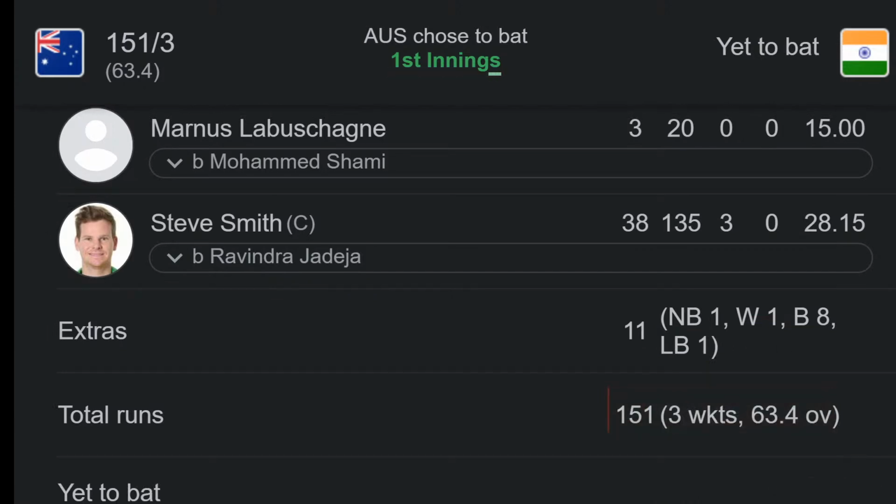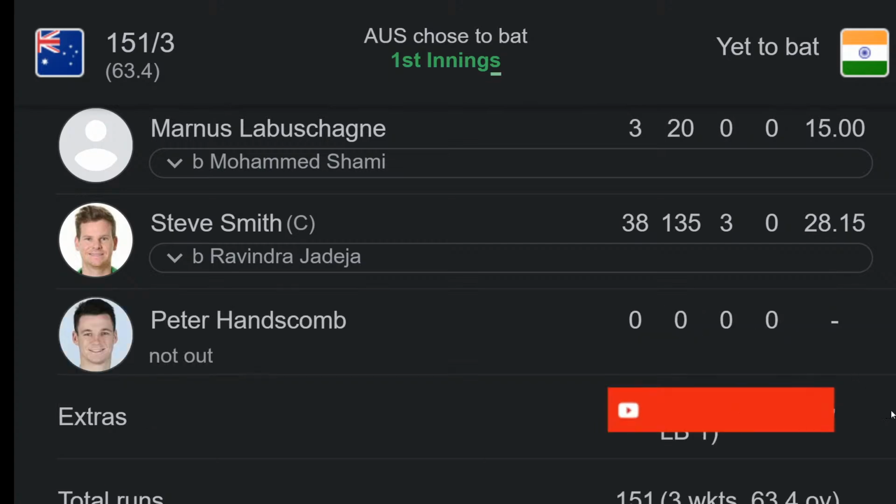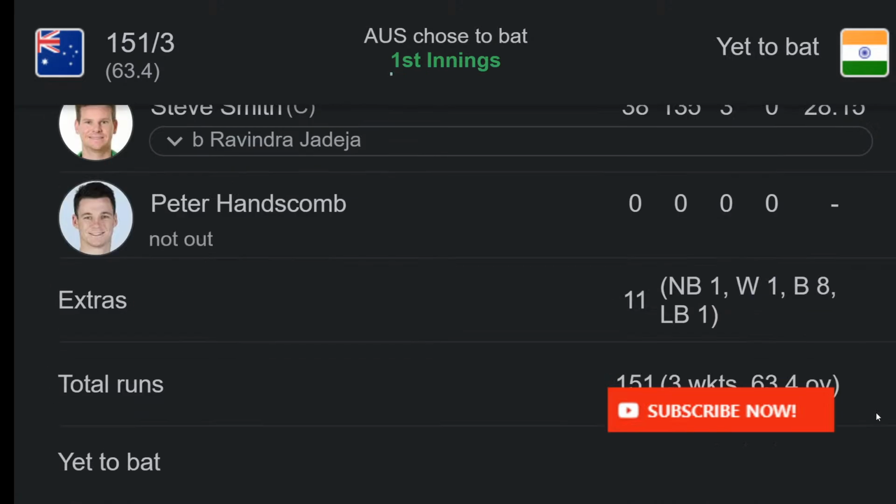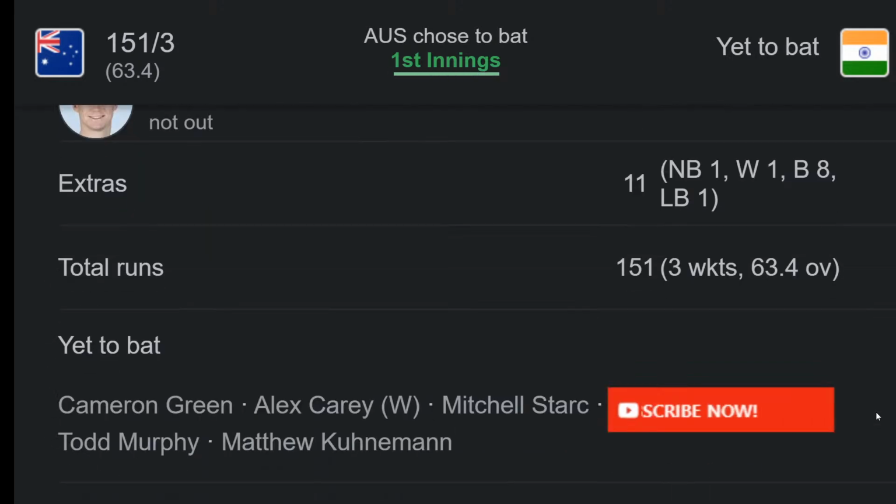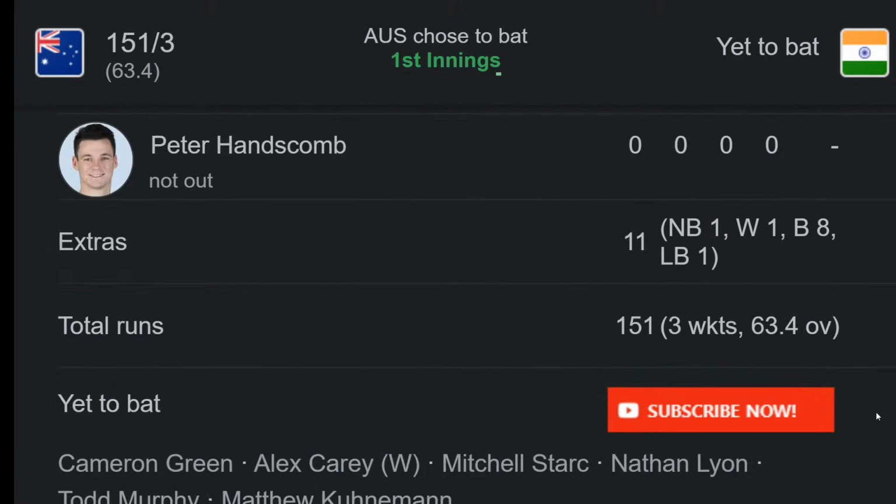Now Peter Handscomb, 20 matches and 162 runs, average 97. New batsman Peter Handscomb.